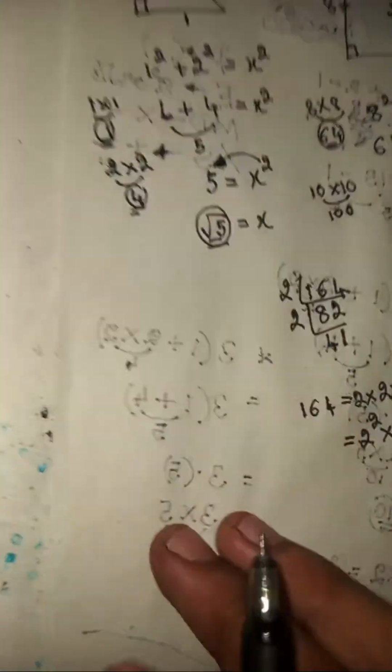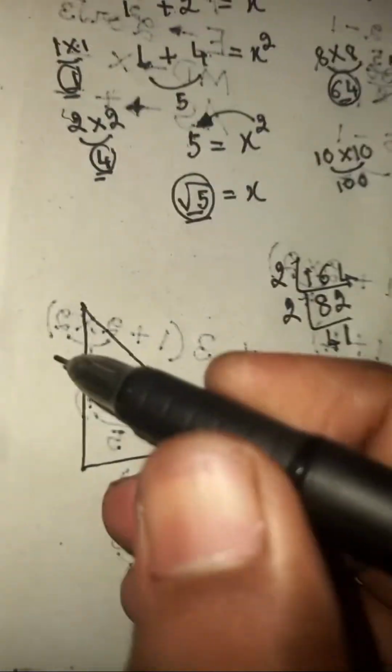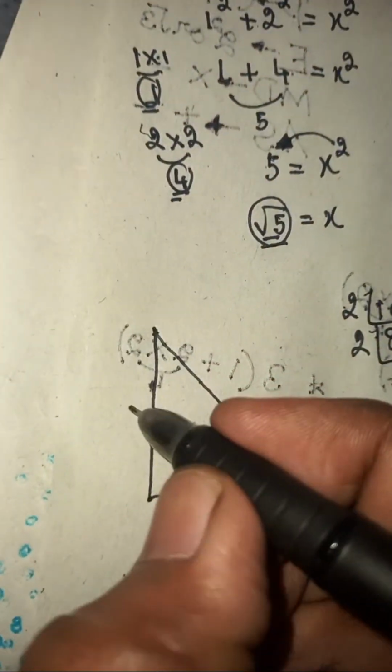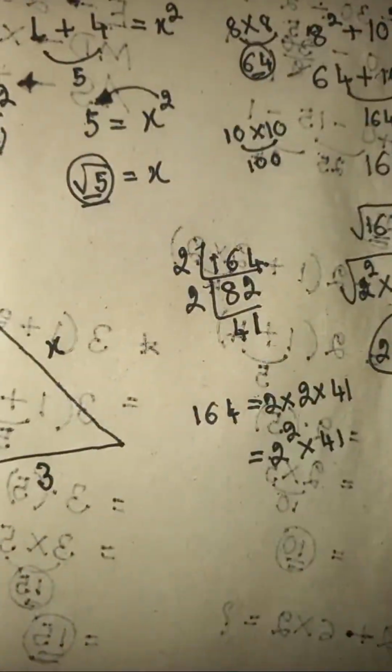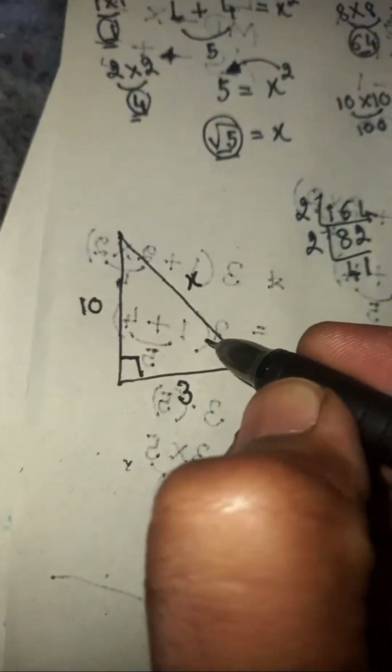Let's take one more problem. Here they have given a triangle. In this triangle, this side length is 3 units, and this side length is 10 units. Tell what's the length of this hypotenuse. And I'm going to tell this hypotenuse. You take the sum of squares of this.